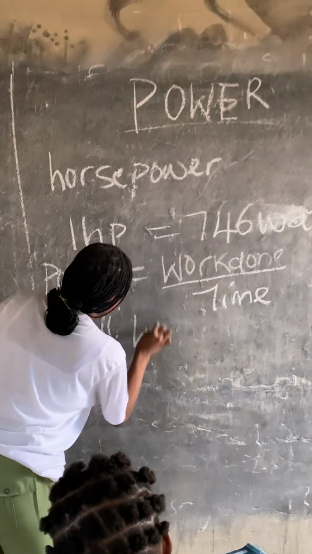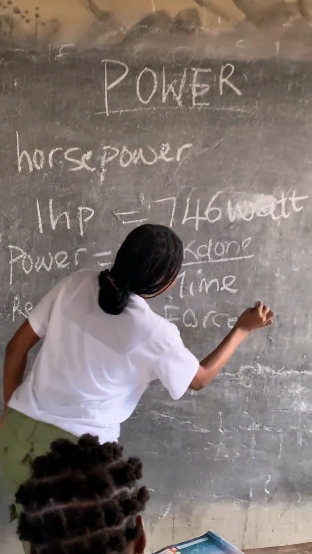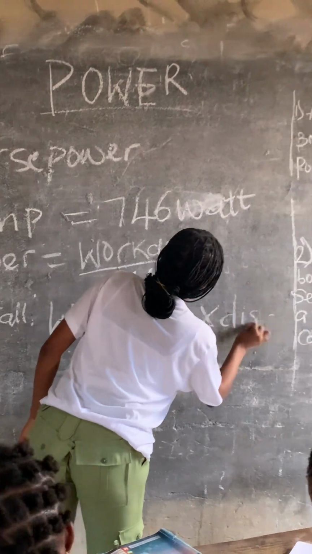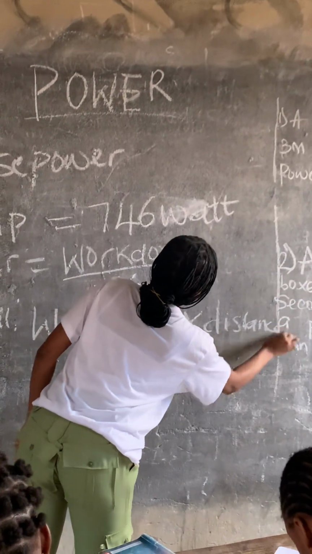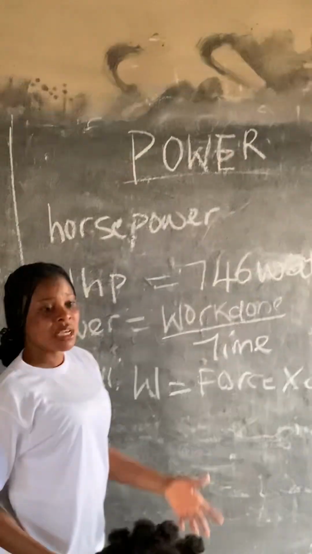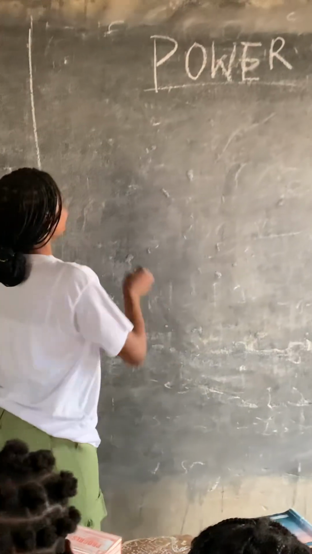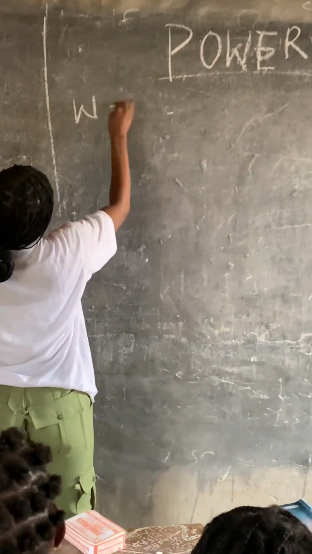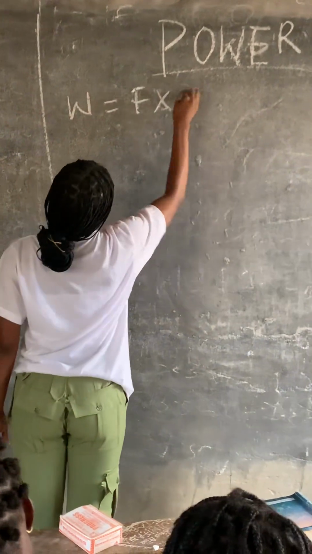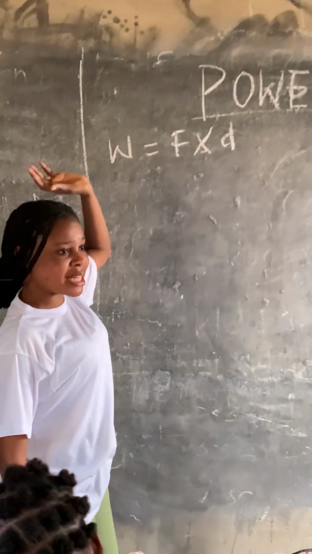Work done, W, is equal to force times distance, right? So anywhere you see work done, you put its own parameter. Please flip the board. This is what we established from the previous class, right?